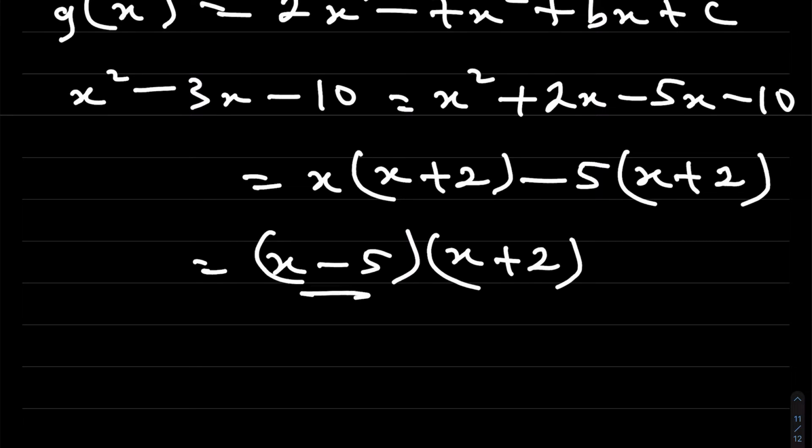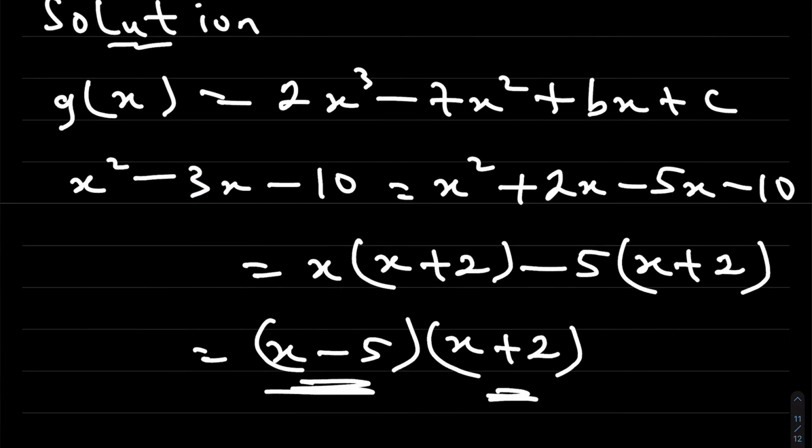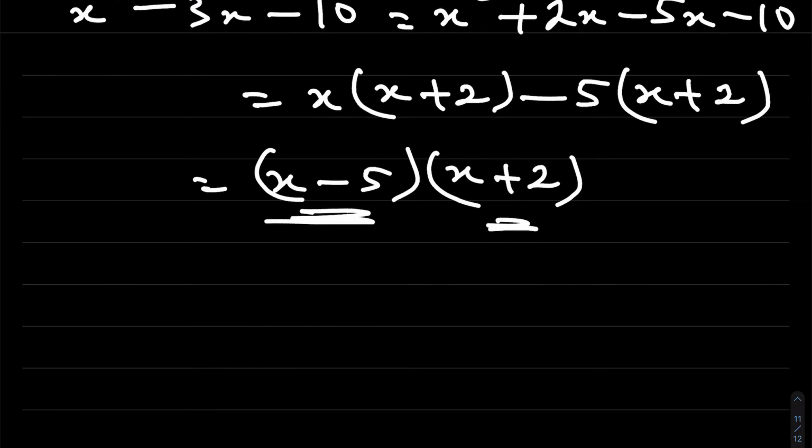Now x minus 5 and x plus 2 are the factors of x squared minus 3x minus 10. That simply means they are also the factors of g of x, because x squared minus 3x minus 10 is a factor of g of x. It's just like saying if 12 is a factor of 24, then all of the factors of 12 are also factors of 24.